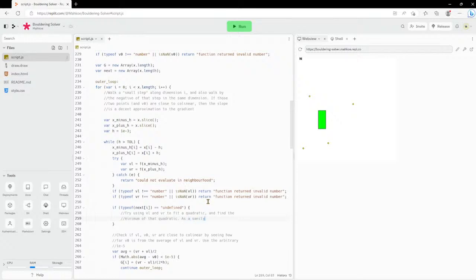As a sanity check, we will see if the function value is actually smaller. If not, we will just return x unchanged.